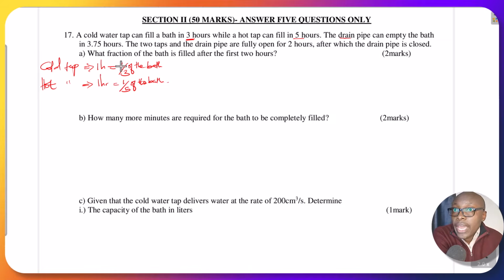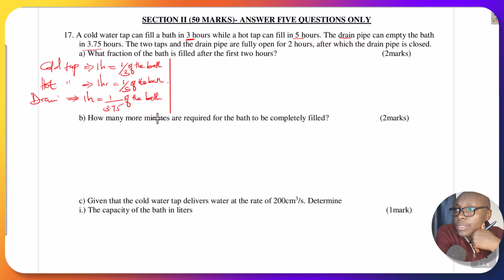It can empty the bath in 3.75 hours. So for this one, in 1 hour, it can drain 1 divided by 3.75 of the bath. So that is the first step. You need to get in 1 hour what fraction will be done by the 3 of them.